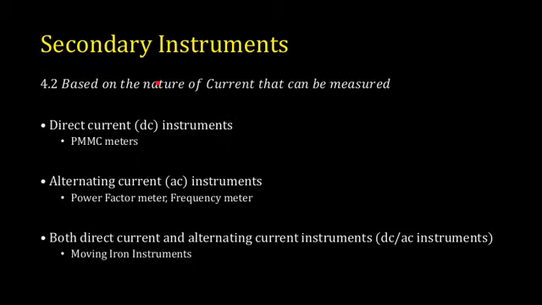Again, secondary instruments are classified based on the nature of current that the meter measures. You have direct current instruments or DC instruments like permanent magnet moving coil meters, which measure only DC. Then you have alternating current instruments, which measure only AC quantities like power factor meter, frequency meter, etc. Then you can have instruments which measure both direct and alternating current, and the example for this is moving iron instrument.